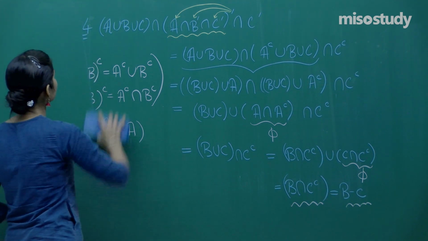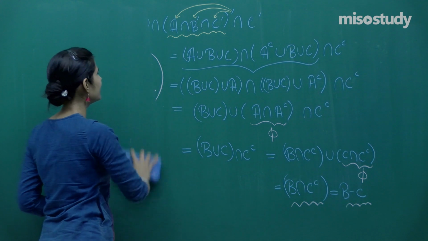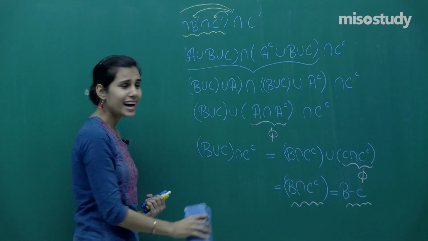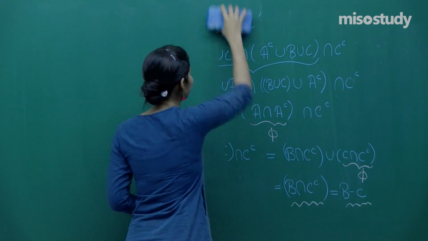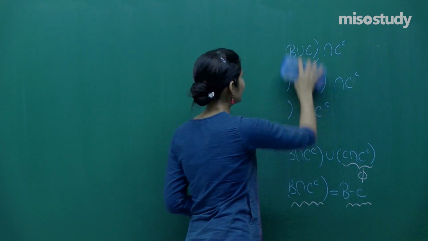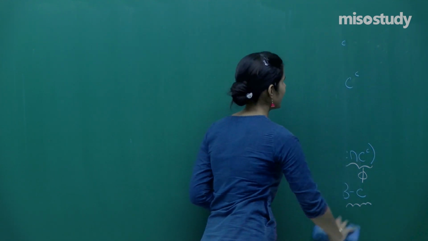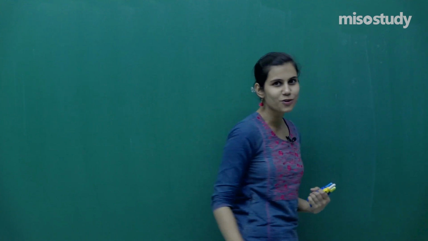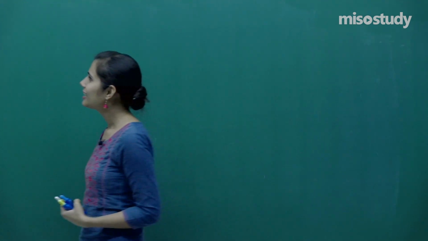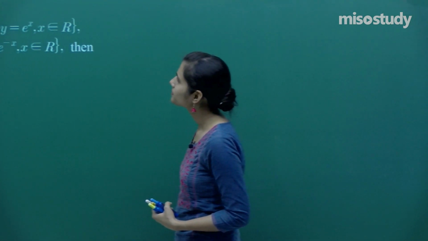After solving this difficult looking expression and making it into a tiny B minus C, let us see what the next question has for us. This is like a brainstorming exercise going on. Let's see the fifth question.